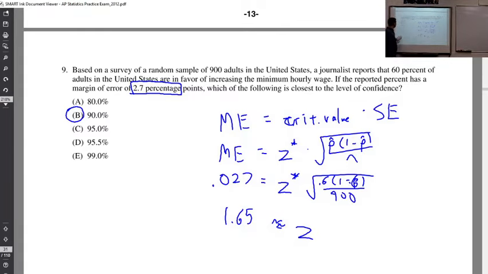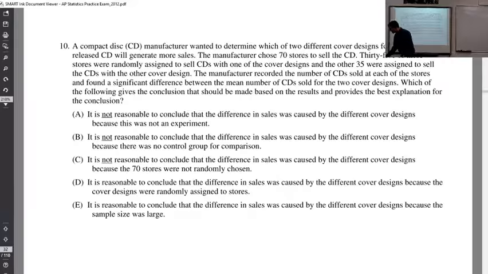Number 10. A manufacturer wanted to determine if two different cover designs will generate more sales. So here's how they designed it, and we're trying to see whether we can make a good conclusion.